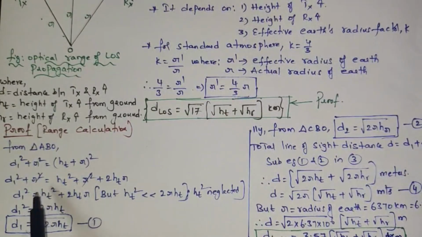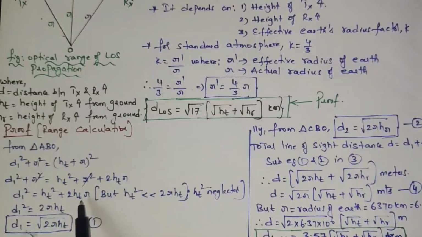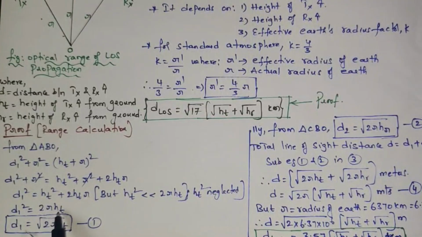But we can neglect HT square because it is far less than 2HTr. So by neglecting this term, d1 square is equal to 2rHT. From this, we can write the range of the transmitting antenna d1 as square root of 2rHT.